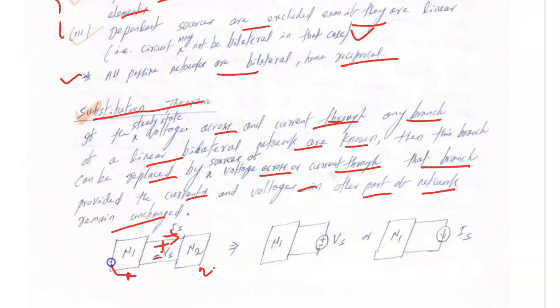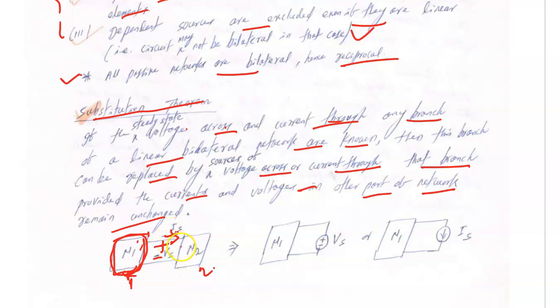If you change any element in the network N1, the original network, this voltage and current would change. But if you assume that this network is fixed, then this current and voltage will be fixed and flow as usual.